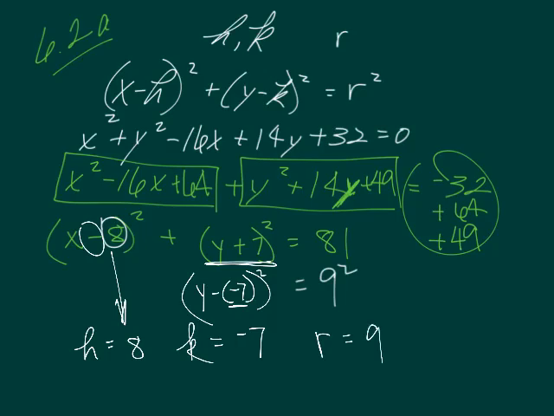So that makes it real easy for me to graph. My center is at (8, negative 7) and my radius is 9, and I go ahead and graph that. And that is it for circles. So let's jump into ellipses. I'll start that in the next video, 6.2b.